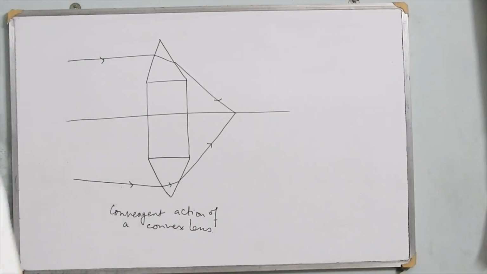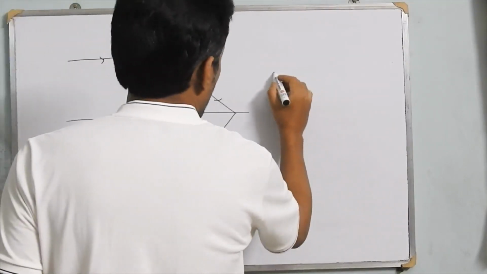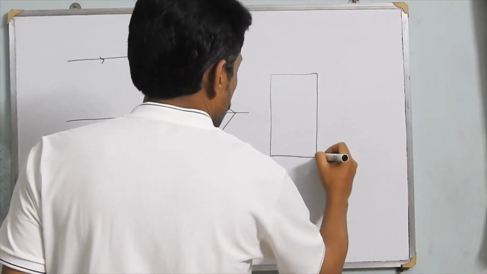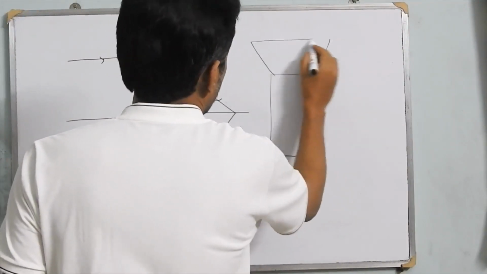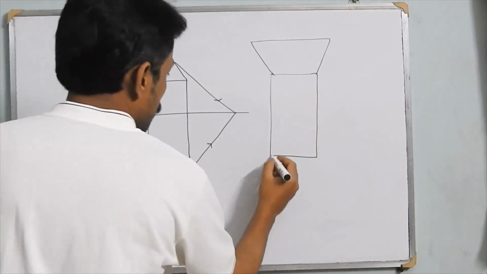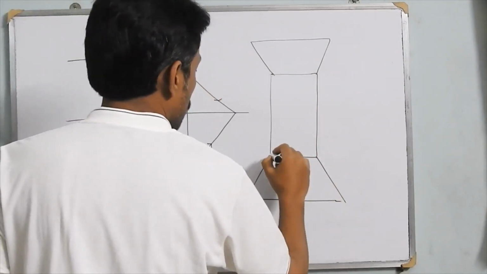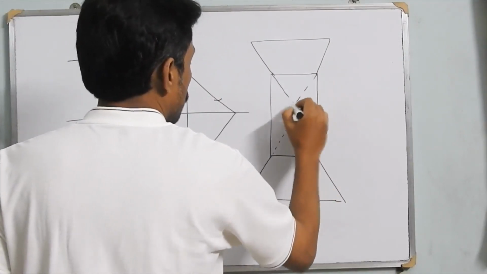Similarly, if you consider the concave lens, it will be something like this. This is the rectangular glass block over which a prism has been mounted, you can say. I'm just showing a section of the prism. It is mounted in this manner.